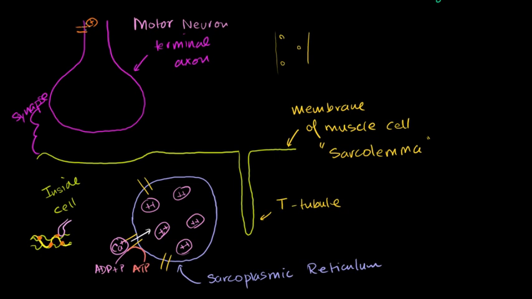That tells this voltage gated sodium channel to open up. It allows even more sodium to flow in. That makes it a little bit more positive here, so that triggers the next voltage gated channel to open up, and it keeps traveling down the membrane of the axon. And eventually, when you get enough of a positive threshold, voltage gated calcium channels open up.